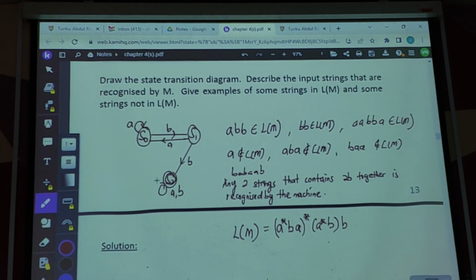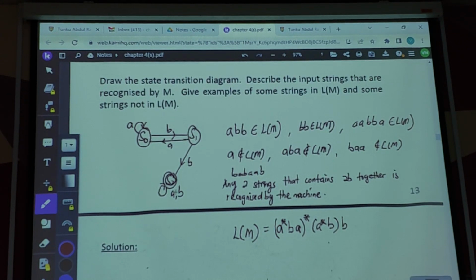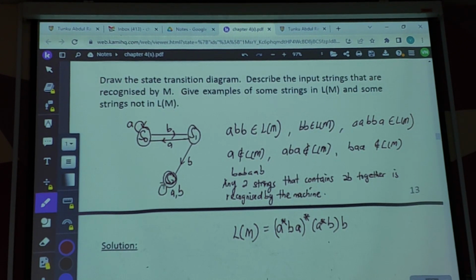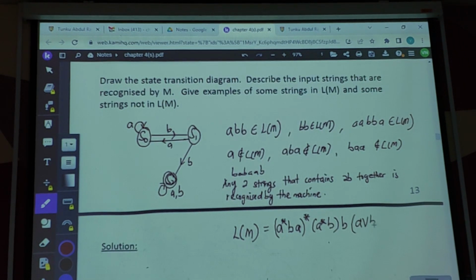When I reach S2, I can loop back again for A or B. This input can only choose one: either you loop the A or you loop the B. So you can keep on looping at this part. That means I can have A or B as the ending.